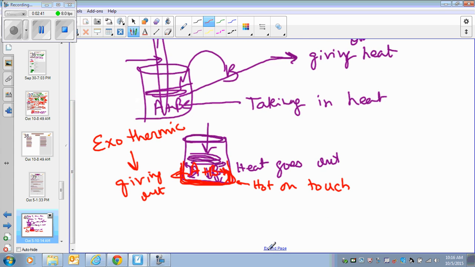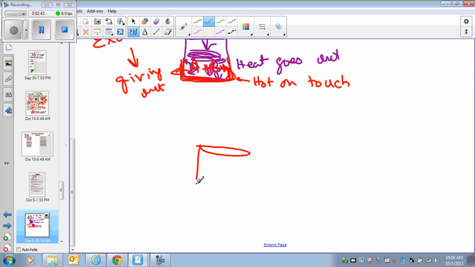On the other hand, if I have a beaker and I have a substance A and B, they're reacting together. So if they react together and they need heat to react together, they will absorb the heat from the beaker because they need more heat, and I'm not heating it, they need heat.